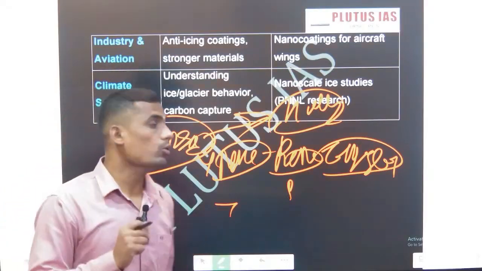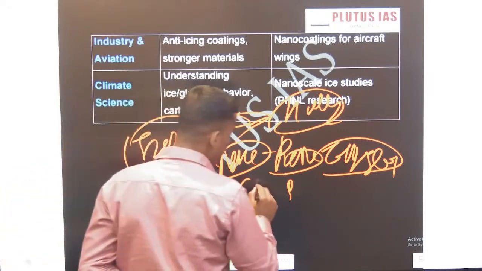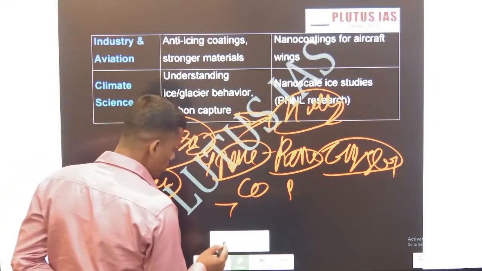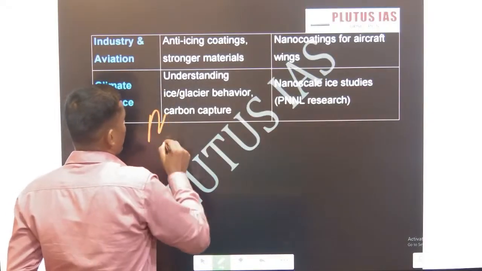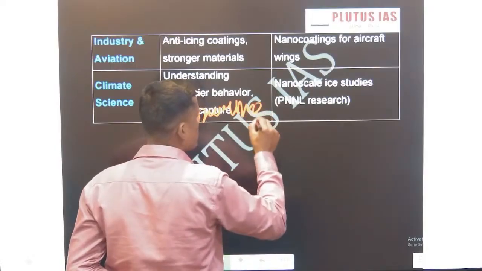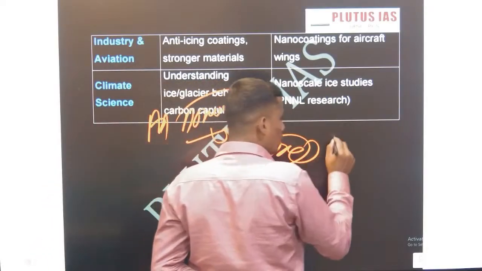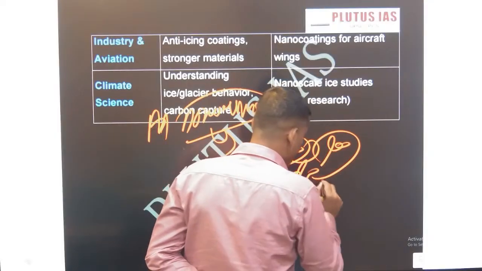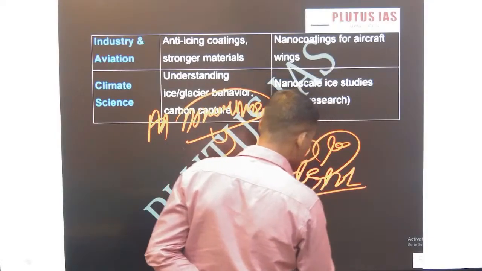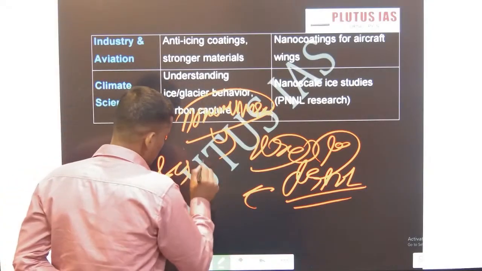Now just think about one more, how social inclusivity will happen. Nano organisms are used to destroy garbage.